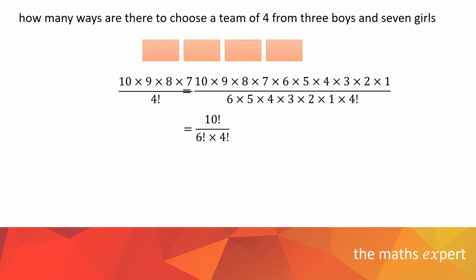I can also rewrite the 6 as 10 minus 4. This may seem redundant and overcomplicating it, but if we reflect on this, we can see that the answer is a fraction where all parts depend on 2 things. Firstly, the total number of people, 10, and secondly, the number of people we are choosing, 4.